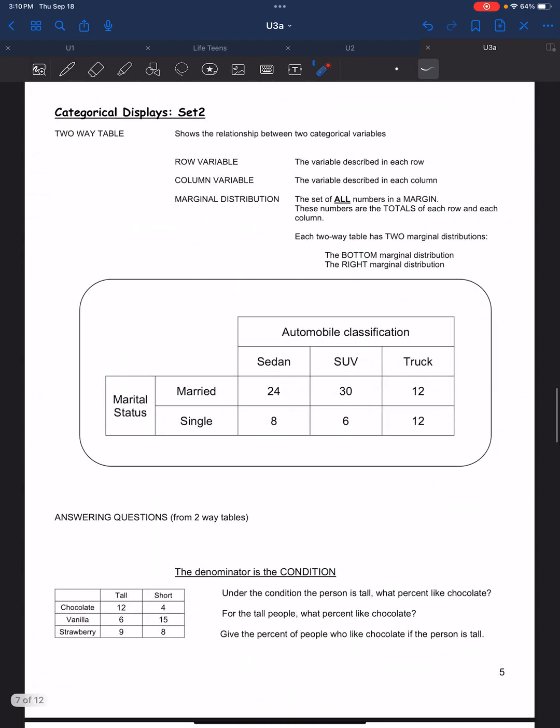All right, so a two-way table is a table that goes two ways. Let's give this a look. There are two variables that we will be looking at. Here is the first variable, and here is the second variable: marital status and automobile classification.